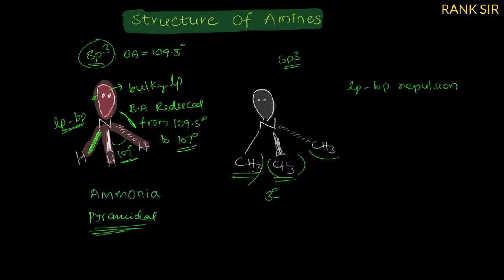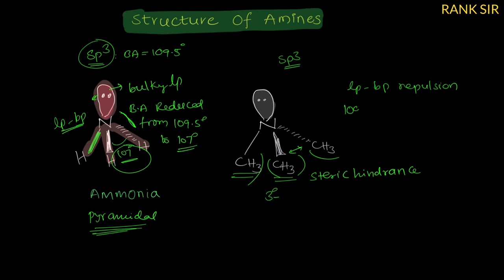Due to this steric hindrance, the bond angle opens up slightly. Compared with 107 degrees in ammonia, it is a little greater because of the repulsion between the methyl groups.